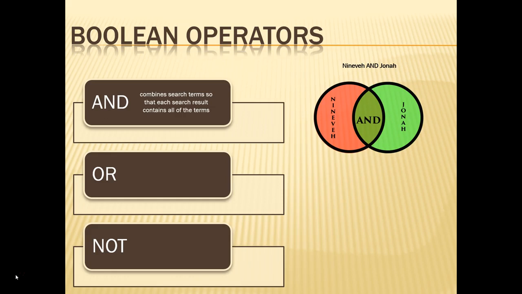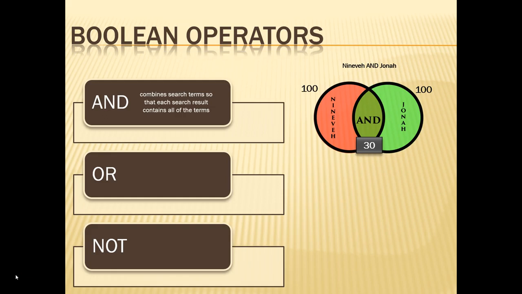Well, let's say Nineveh has 100 results and Jonah has 100 results. The Boolean operator AND is where the two terms overlap, which in this case could possibly only give us 30 results. Therefore, the AND operator narrows our results.